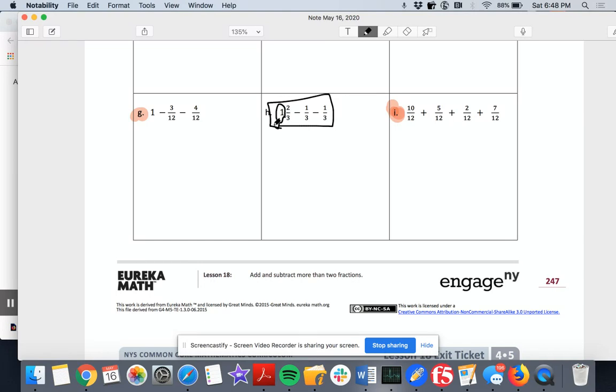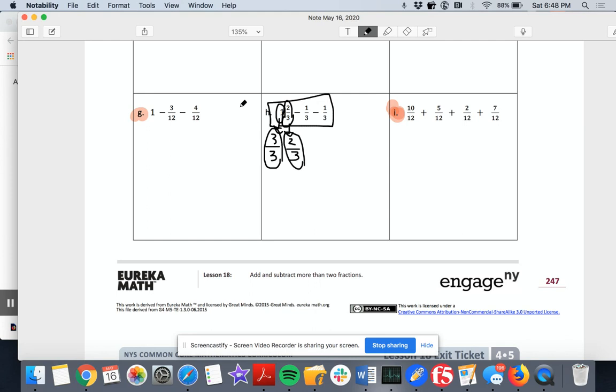I'm going to convert this 1 to 3 over 3 because all of my denominators are 3. And then I also have 2 over 3.